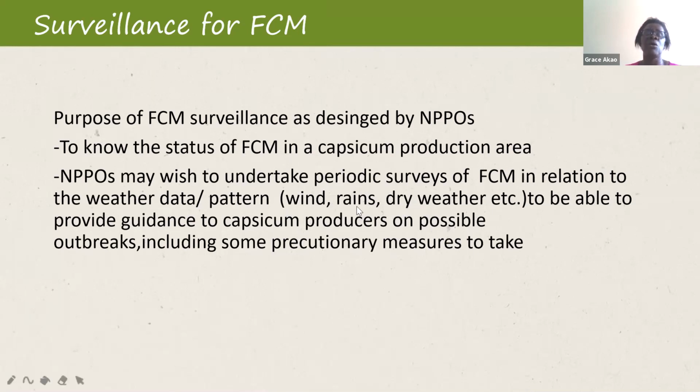As NPPO, also take into account that you are responsible for alerting the public, alerting the capsicum producers on the status and on the trend. With your surveys, you can almost plot a trend when you link that with the weather data, which is sometimes captured by research stations. So you need to bear that in mind.